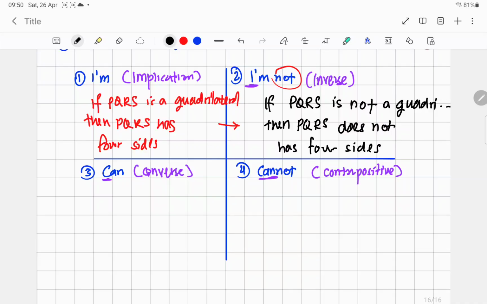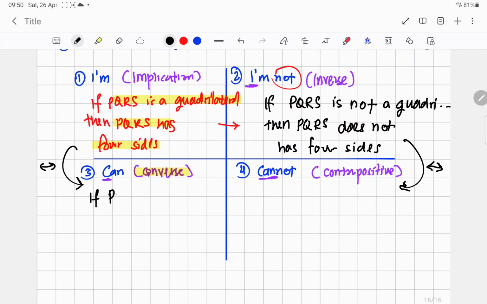To get the converse and the contrapositive, remember we need to shift the position. Which is the first statement in your implication? We want to find the converse. The first statement is PQRS is a quadrilateral, and the second statement is PQRS has 4 sides. So in the converse, you need to reverse the statements.